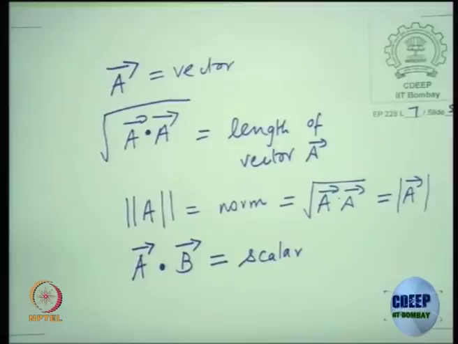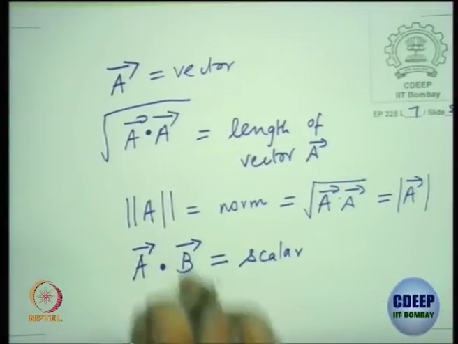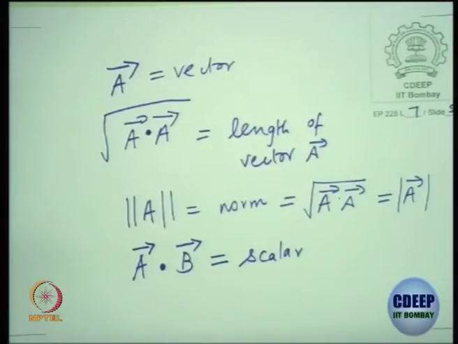So, it is a scalar. And when B is equal to A, you get the definition of the length of a vector or norm of a vector. And these are things which we need to have a handle on: vectors, length of a vector, dot product of vectors in 3 dimensions. And how do we go to an abstract notation is what we should see.